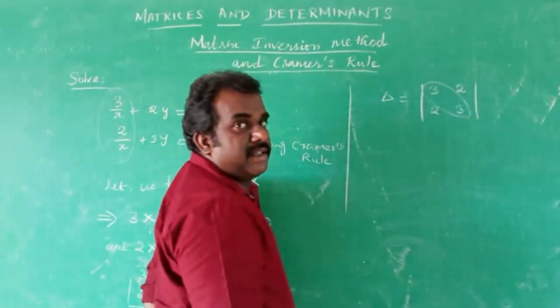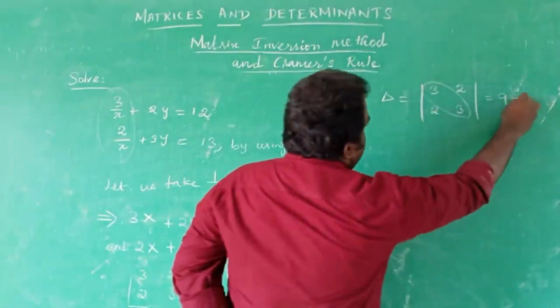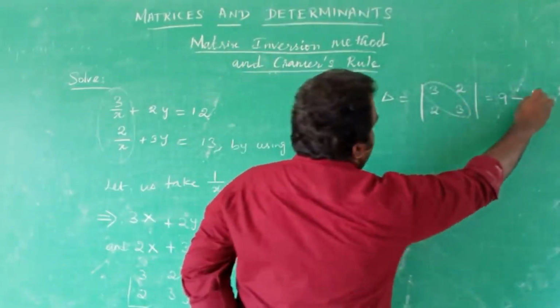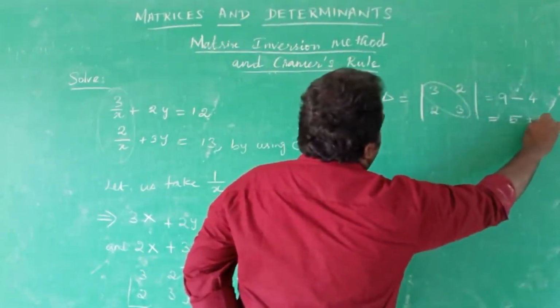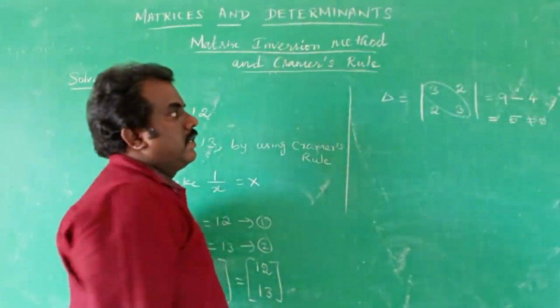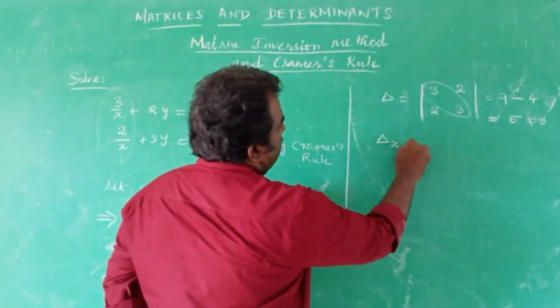As usual, multiply the leading diagonal, 9, then minus multiply the remaining elements, 4. 9 minus 4 is equal to 5, which is not equal to 0, so the matrix is non-singular. Next we go for delta x.